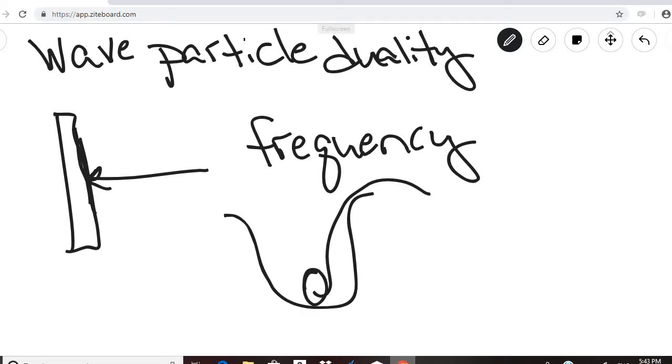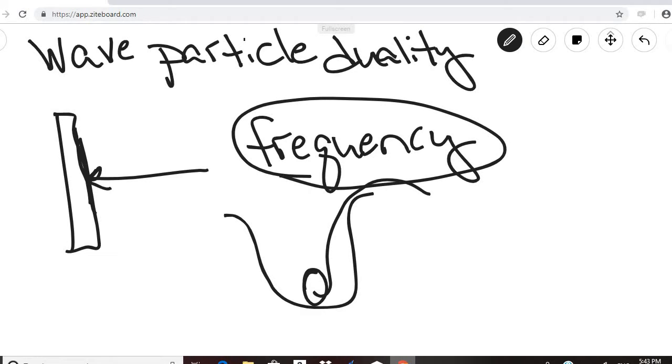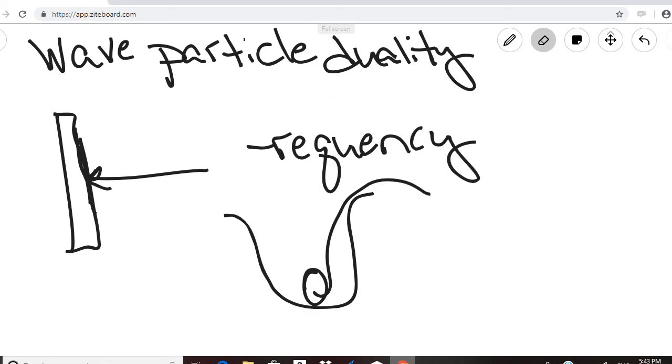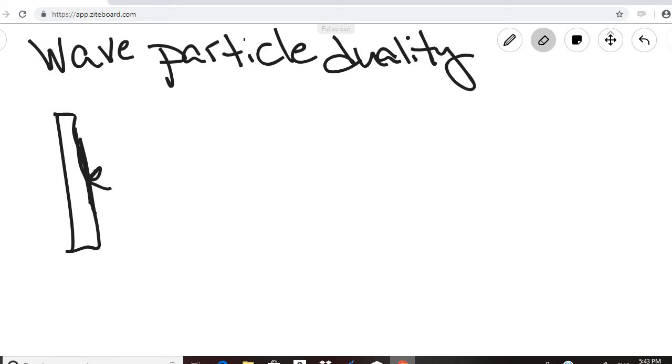And so the energy that you hit it with is based on the frequency. So some colors emit electrons and others don't, depending on their frequency. It doesn't matter the amplitude of the light, it matters the frequency of the light.